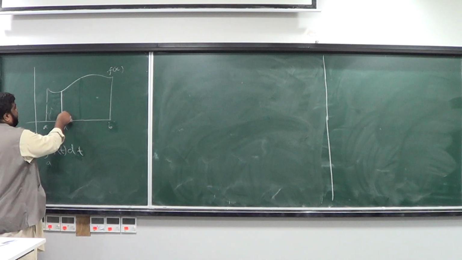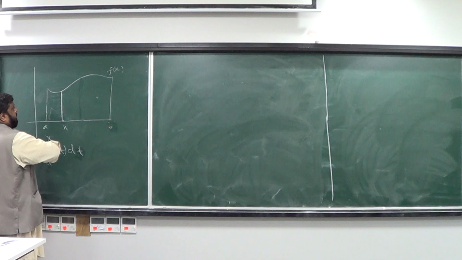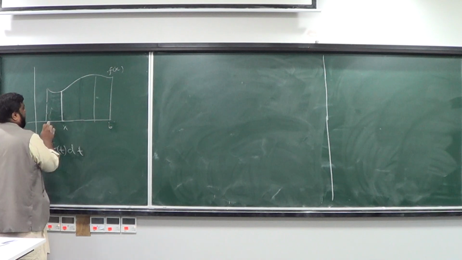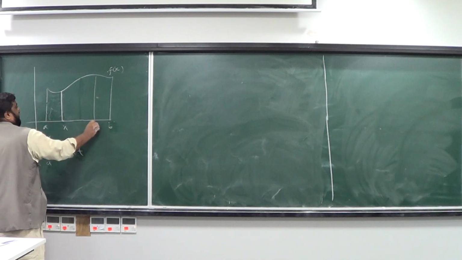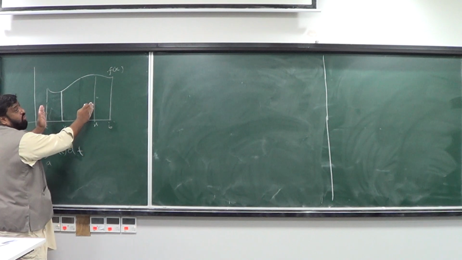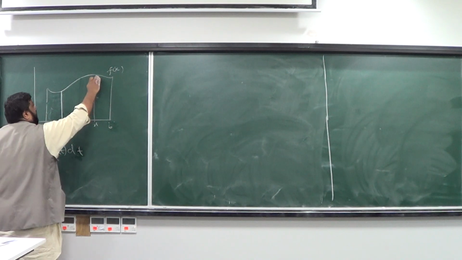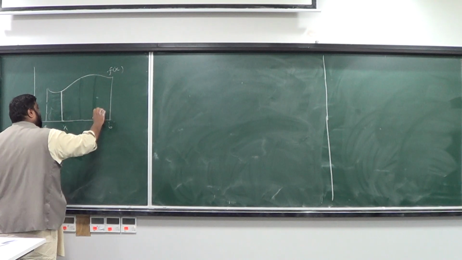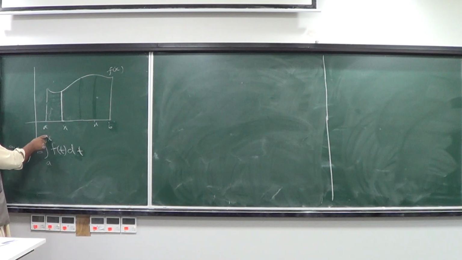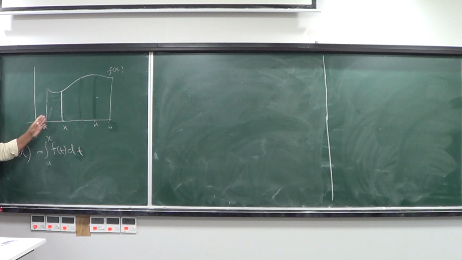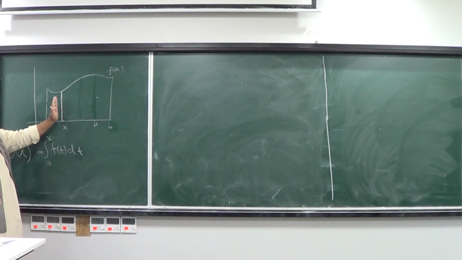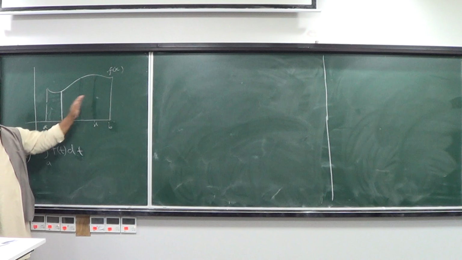If I choose x somewhere here, since the interval is big, the area is going to be bigger. So when you keep one limit variable, the area covered under the function f of t is also going to be variable, and you can vary x at different places and get different areas.